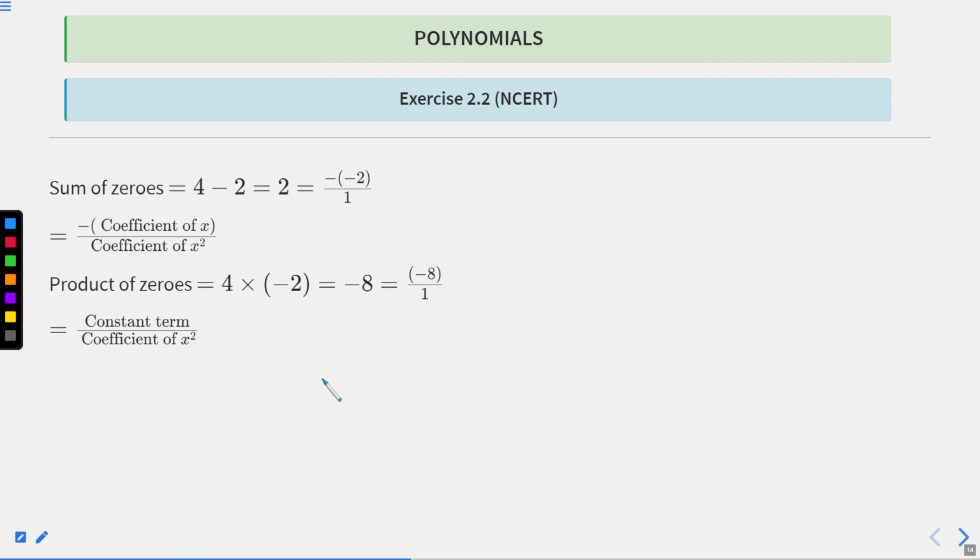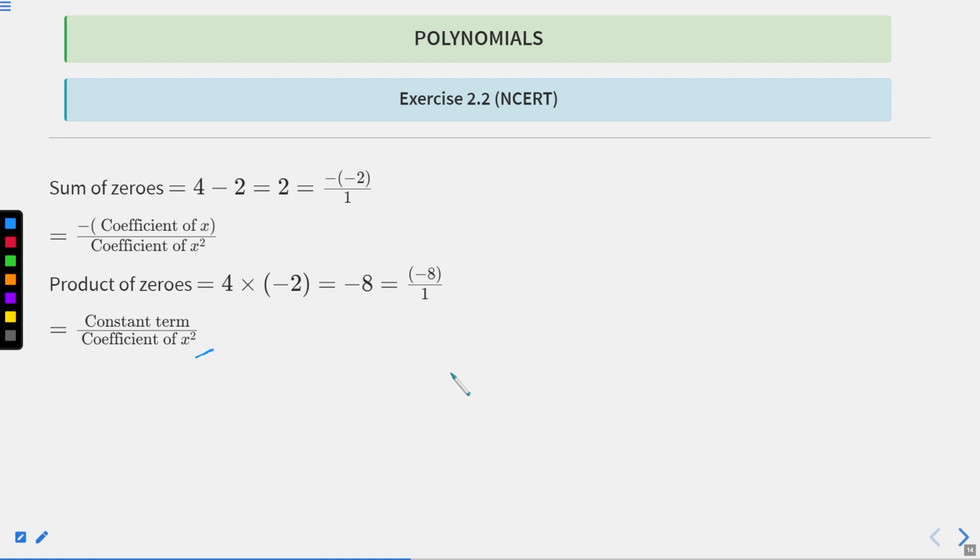This is equal to 2, which can be written as minus of minus 2 upon 1, that is minus the coefficient of x divided by the coefficient of x squared. The product of its zeros is 4 times minus 2, which is minus 8, or minus 8 upon 1, equal to the constant term divided by the coefficient of x squared. So we have verified that the sum of its zeros is equal to minus the coefficient of x divided by the coefficient of x squared, and the product of its zeros is equal to the constant term divided by the coefficient of x squared.